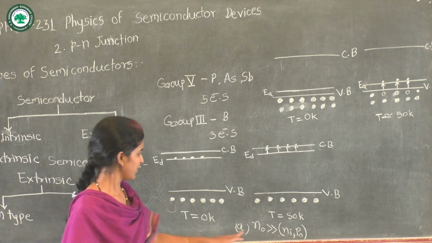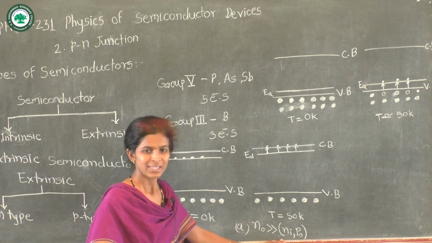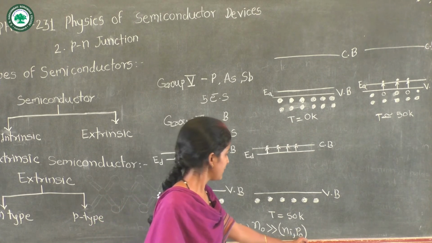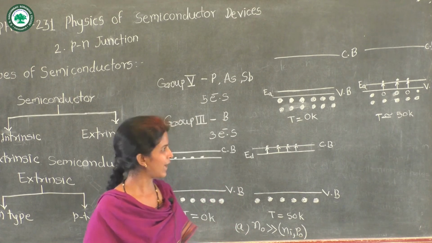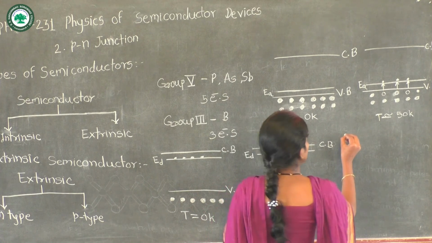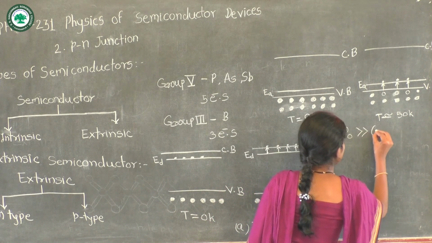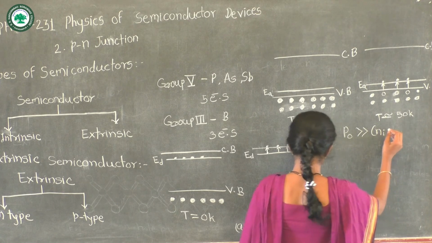The number of electrons at thermal equilibrium will be more than the intrinsic carrier concentration as well as the carrier concentration of holes at thermal equilibrium, while in p-type semiconductor p0 will be greater than ni as well as n0.